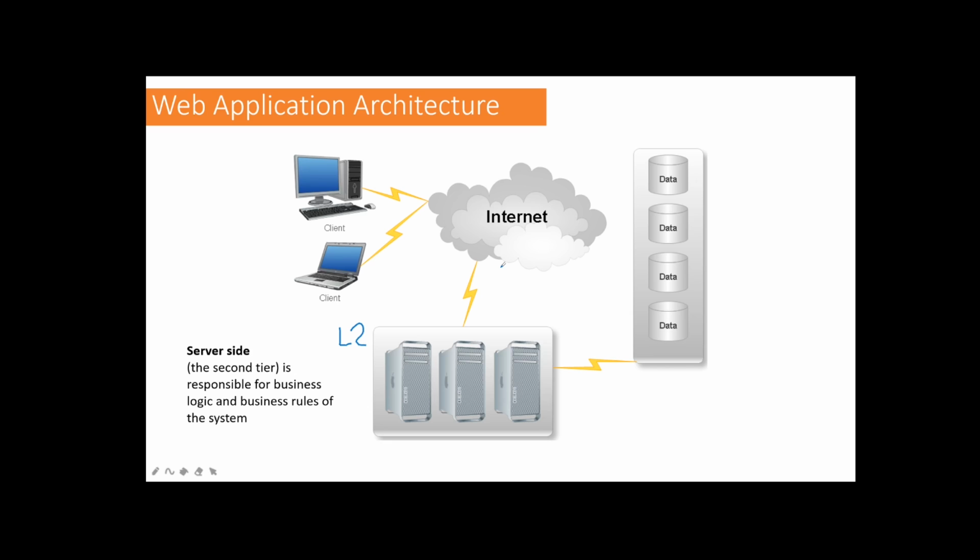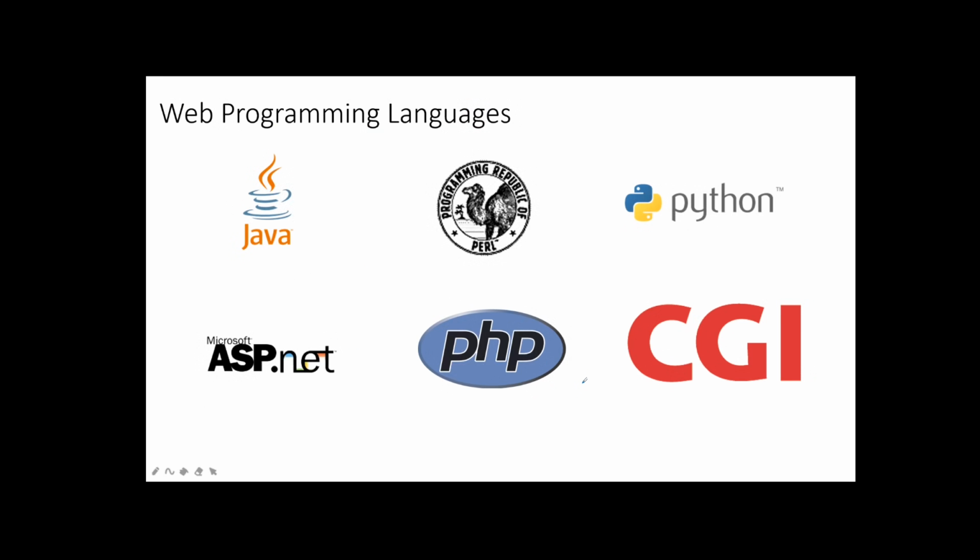Servers are responsible also for accessing your database or your storage. So to be able to connect with the server, it is important to study some programming languages like Java, Perl, Python, ASP.NET, PHP, or CGI.